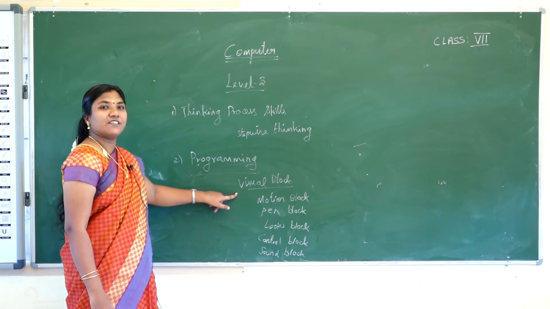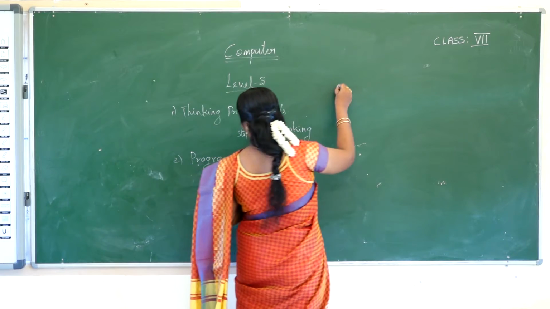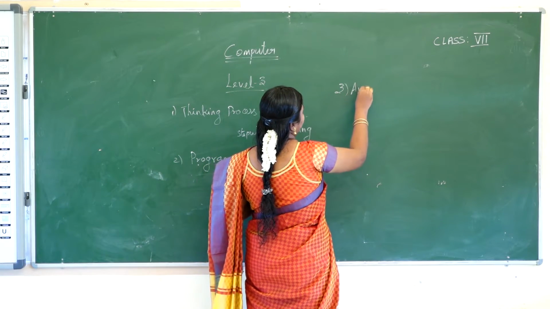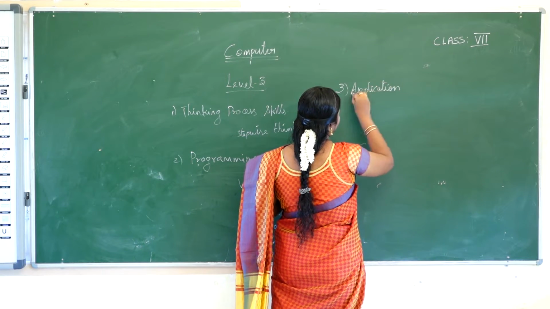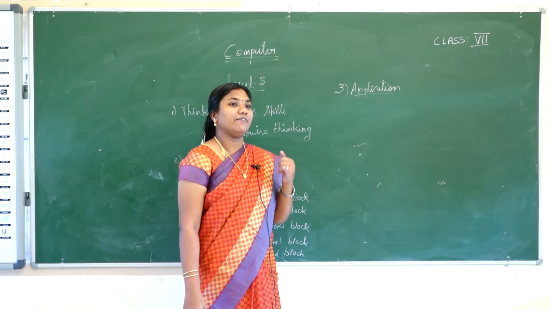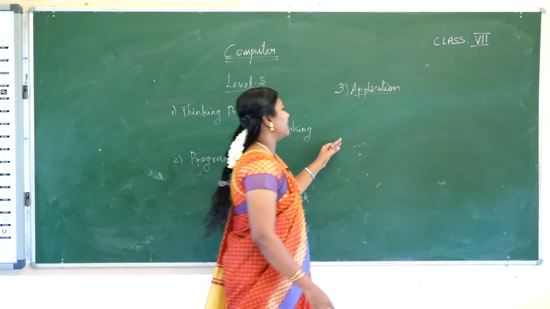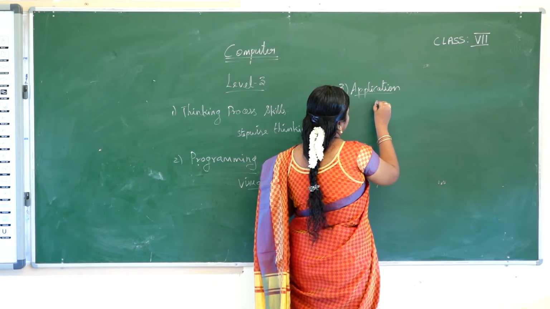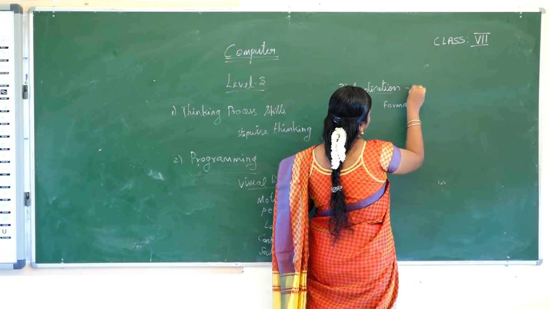Visual block is the first programming you have learnt in level 3. And the next one, application. In application, in level 1 you have learnt Tux Paint, in level 2 you have learnt text editor, and in level 3 you are going to learn about the formatting text editor, that is word processor.